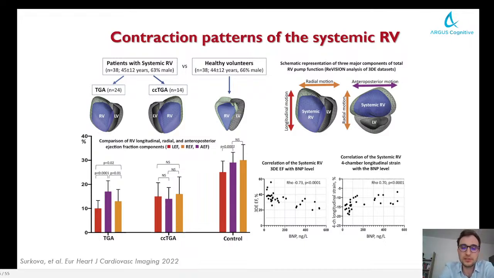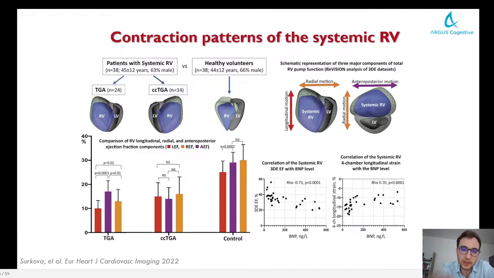We had patients who underwent Mustard or Senning, so atrial switch surgery, and patients with congenitally corrected transposition of the great arteries. What we have found, interestingly, is that while the ejection fraction was definitely decreased compared to the healthy control population, the anteroposterior motion of the right ventricle was relatively preserved in our population.